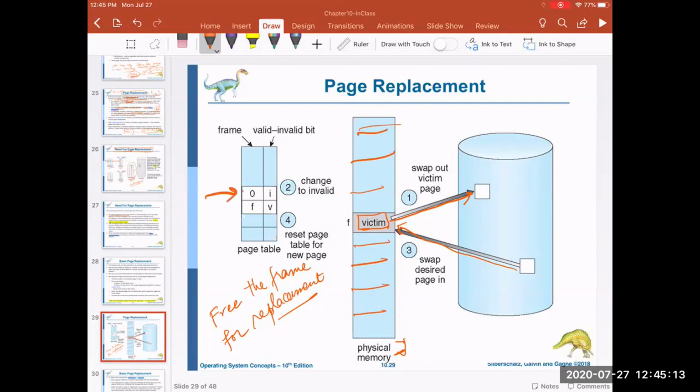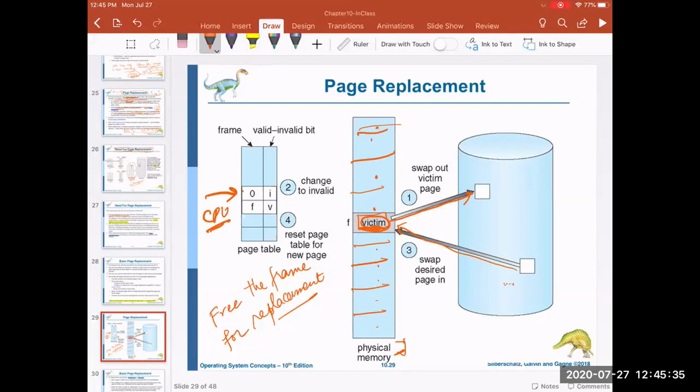This process is currently executing, and the CPU is allocated to the process for which the trap is generated. Now all these frames can be victims, but we have to choose the most suitable victim so that we can replace it with the new desired page.